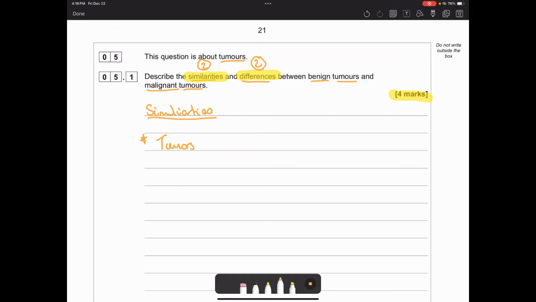Tumours are formed by mutations in the DNA. Tumours are formed or caused by mutations in the DNA. That is the same between benign and malignant, so therefore that's a similarity. You can then say what an actual tumour is, because it doesn't matter whether it's benign or malignant. What is an actual tumour?